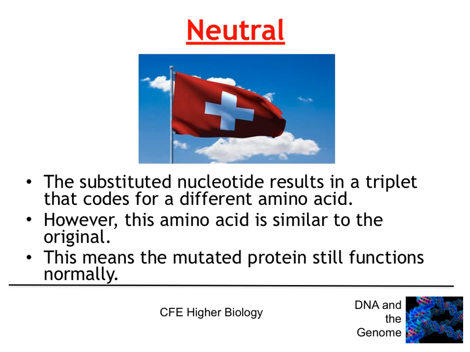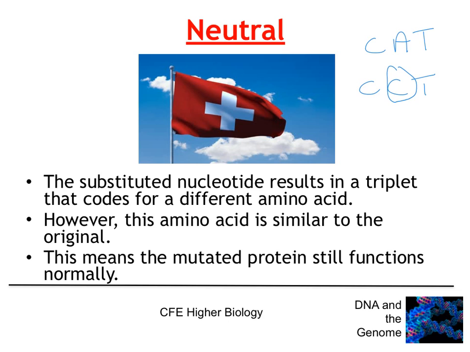The next one is the neutral mutation. What happens there is that you've got the substituted nucleotide, so the nucleotide here is substituted for an A, say. But what happens is you do get a different amino acid, but it's very similar to the original one.